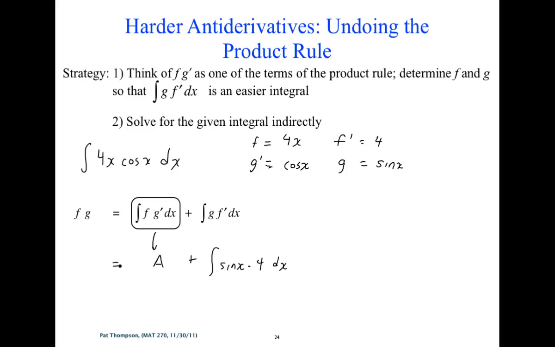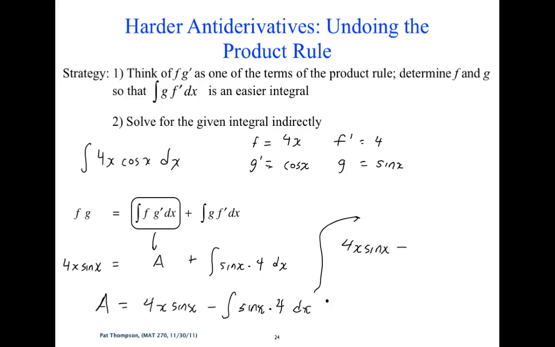And what's f times g? 4x sine x. And so then what does A equal? Our answer, which I'm calling capital A, equals 4x sine x minus the integral of 4 sine x.